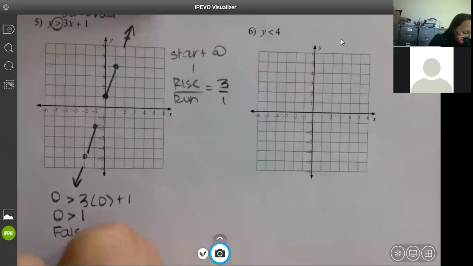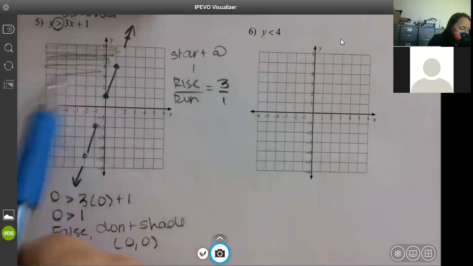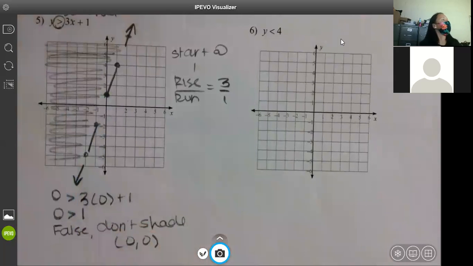It's false, so we don't shade 0, 0. We shade the opposite side. That's it. Is everybody good? Number 6.